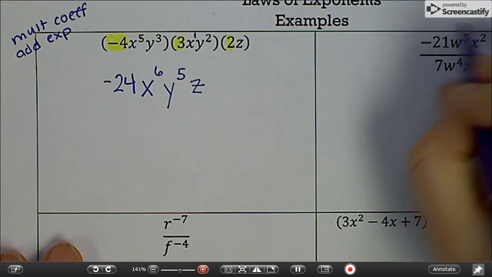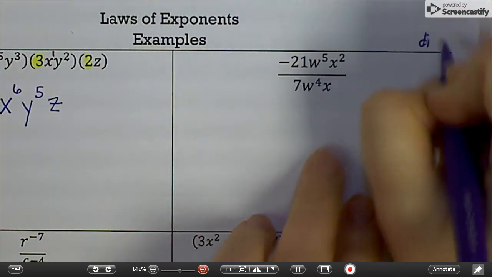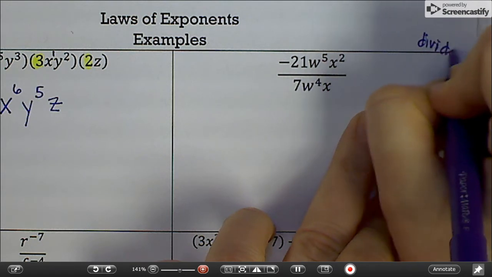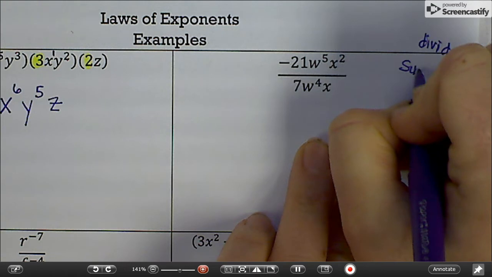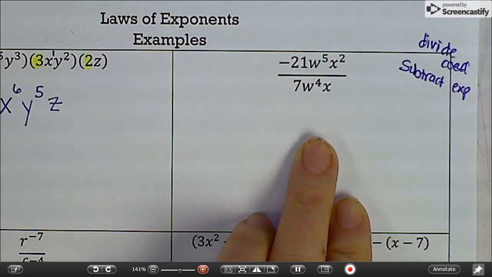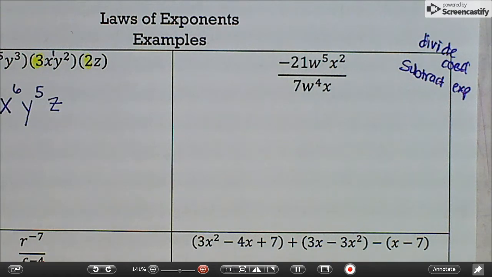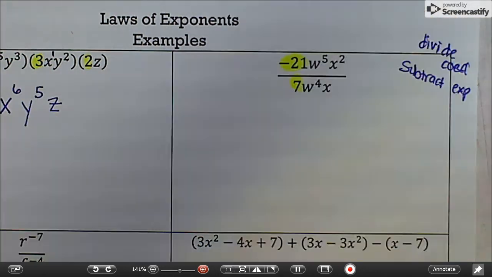The next one is a division problem. Only division, nothing else. When you divide, you divide the coefficients and subtract the exponents. All right, so again, the coefficients are the big numbers in front, so we're going to play with those first.